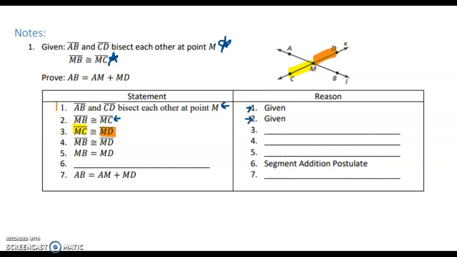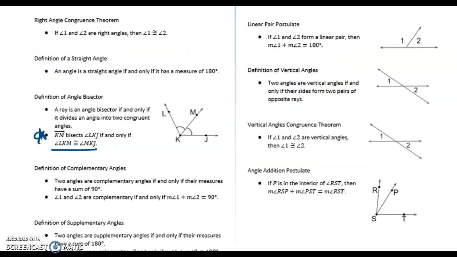If you look at line 1, it said the word bisect: AB and CD bisect each other at point M. So M is the bisector, so that means these two are congruent, and these two are congruent because it said they bisect each other. So when they say CM is congruent to MD, that's because it said bisect. Now that is a segment bisector, not an angle bisector.